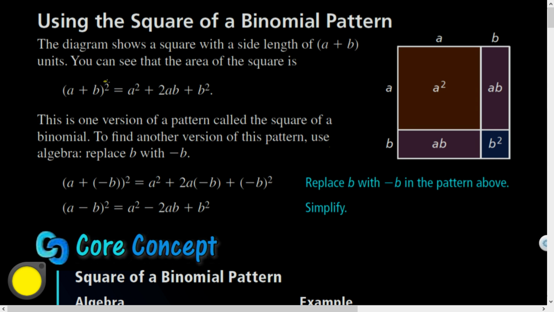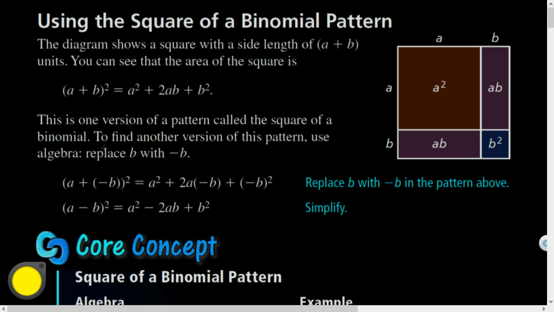So what's weird is the square of a binomial, a two-termed expression, ends up giving you an answer that in algebra tile language literally is a square. And that was somewhat by design, or this is an outcome of the design of even calling this square to begin with. So this is one version of a pattern called the square of a binomial.